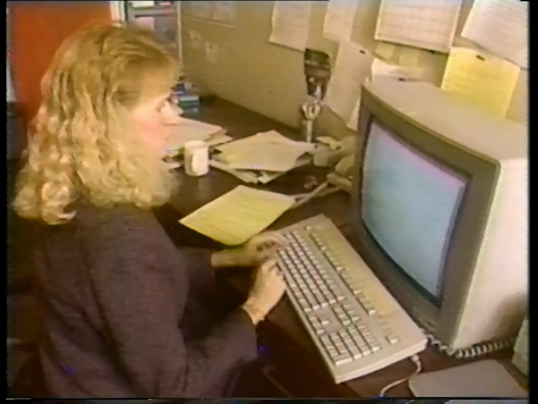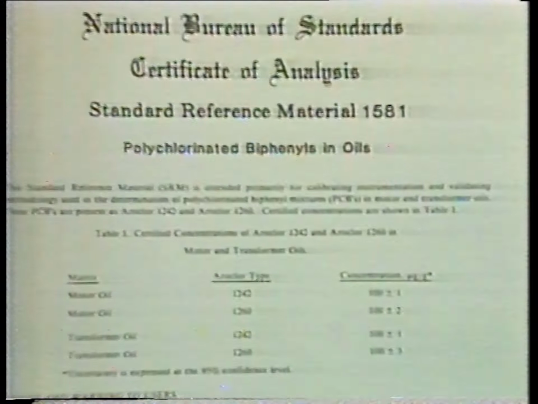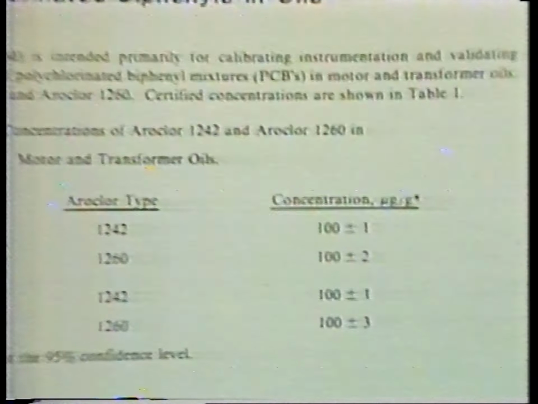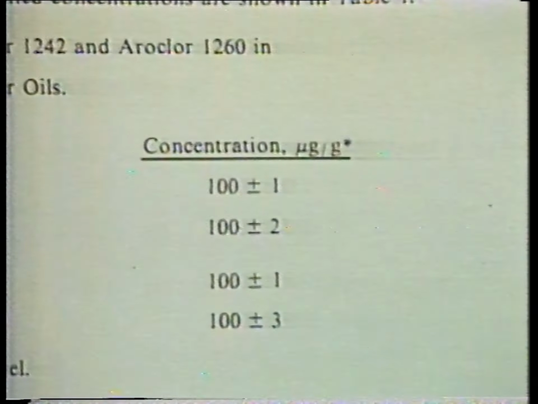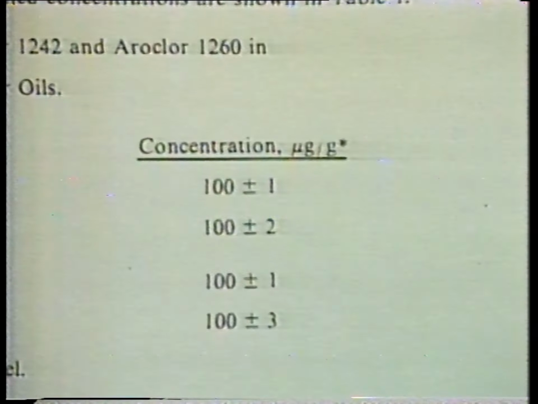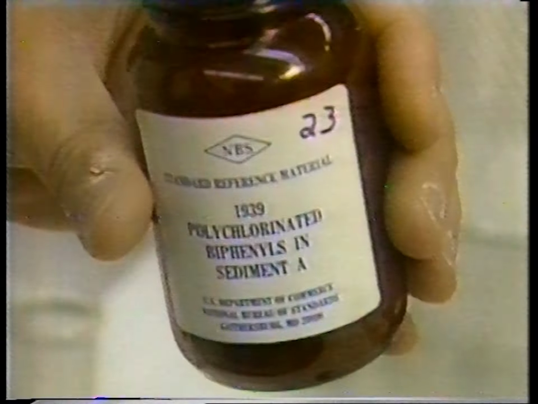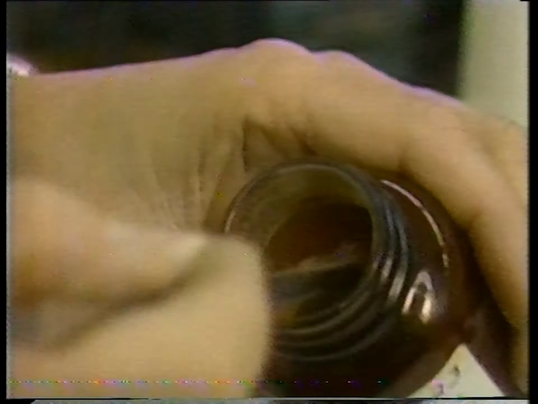And we use the t-distribution to give us basically a multiplier to multiply times that standard deviation, which gives us then an uncertainty. The uncertainty is stated on the certificate as a confidence interval around the mean PCB concentration. This piece of paper becomes important when the reference material is actually used as a quality control check.